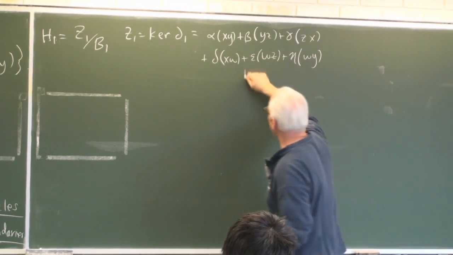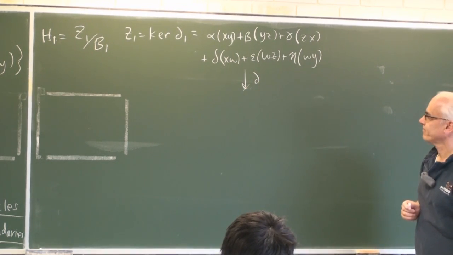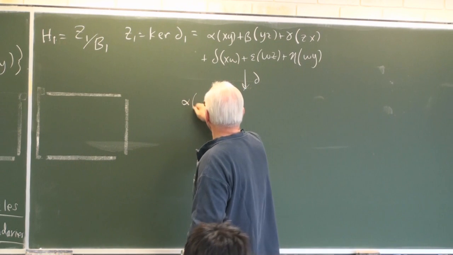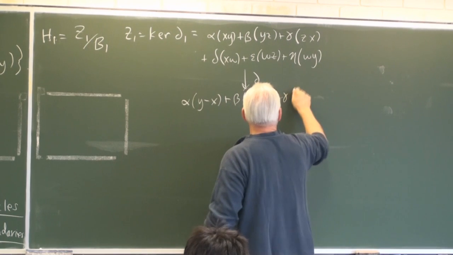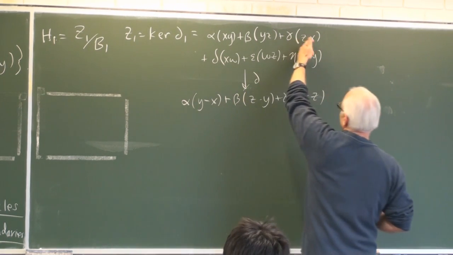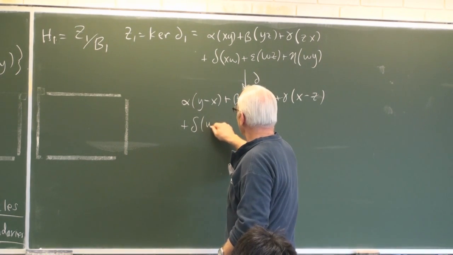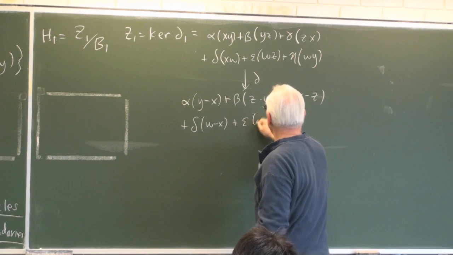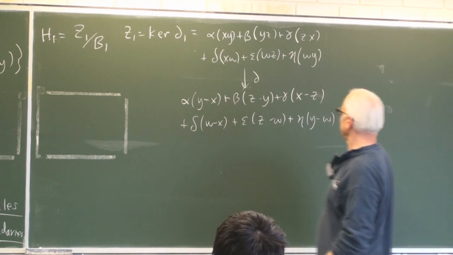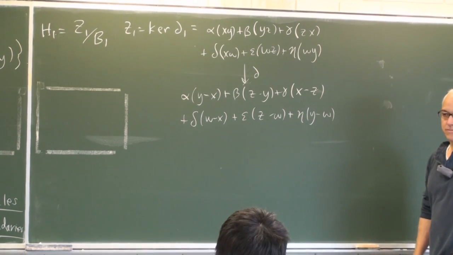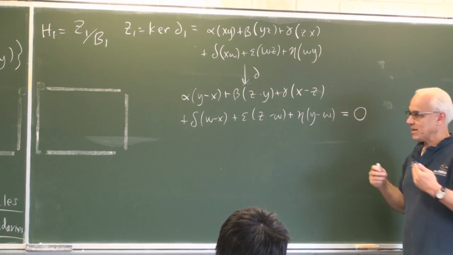And what happens to that under the boundary operator? It gets sent to alpha (y minus x) plus beta (z minus y) plus gamma (x minus z), just using the fact that the boundary of any of these edges is final minus initial, plus delta (w minus x) plus epsilon (z minus w) plus eta (y minus w). And we're assuming that's 0.